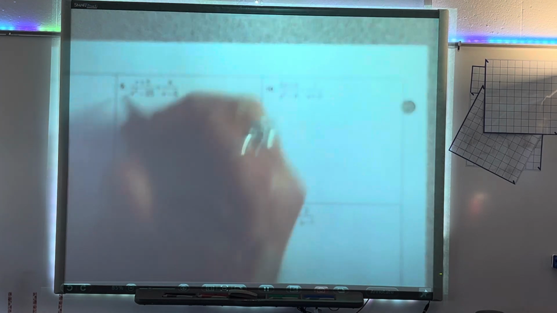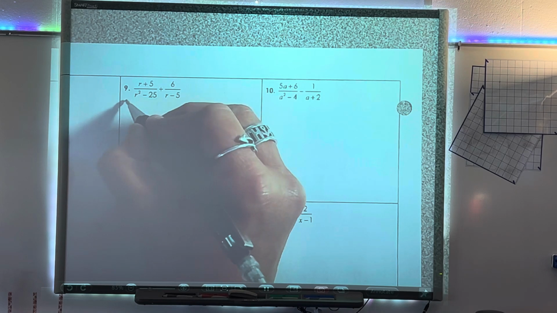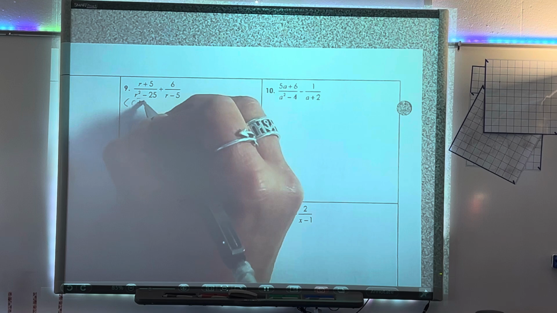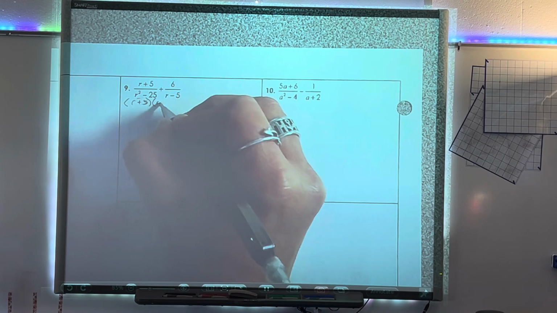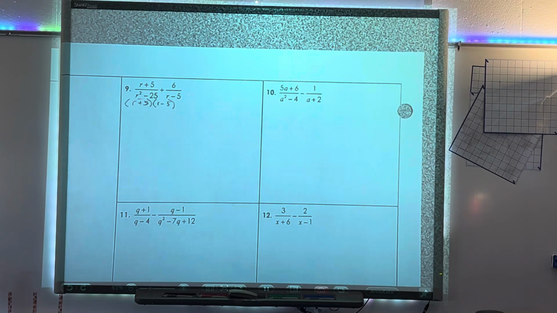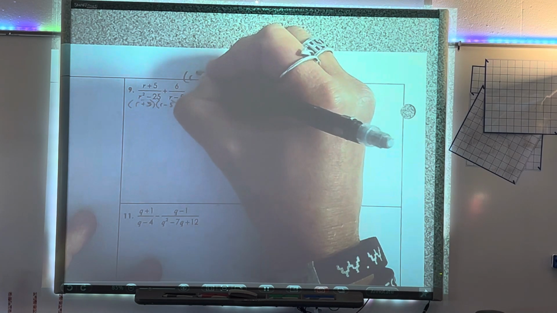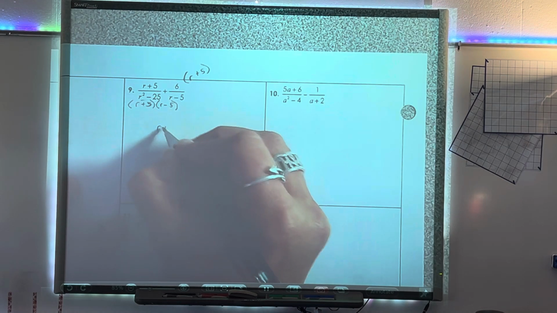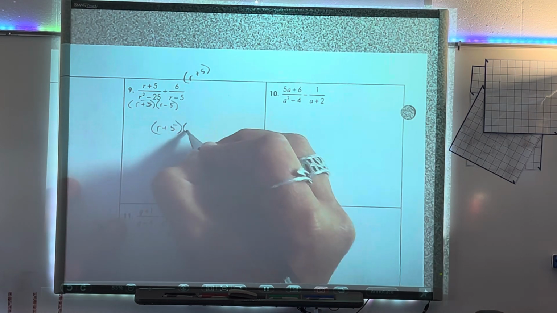Alright, so then back here, this one is a difference of squares, so I'd have plus 5 and minus 5. So that one would need R plus 5. So this one over here needs the R plus 5, so my common denominator is R plus 5, R minus 5.